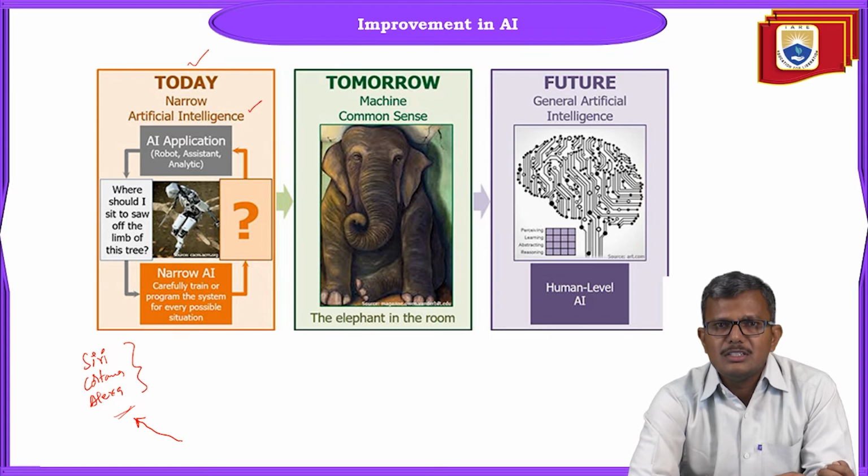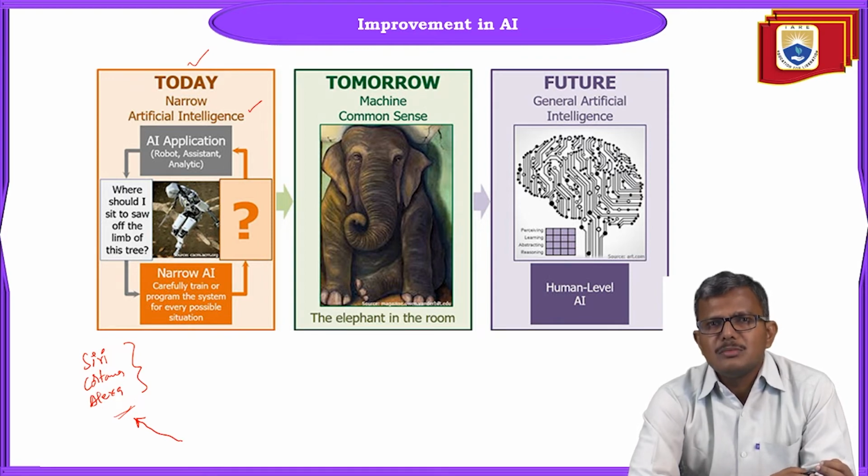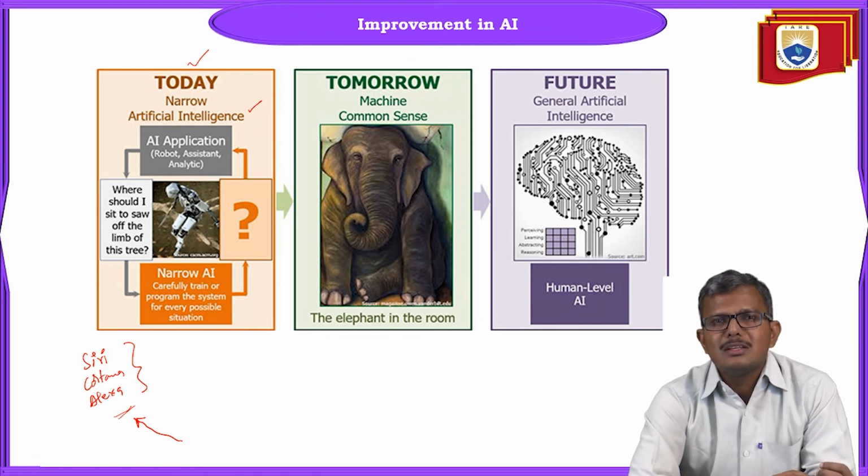They are narrow intelligence because they exhibit their behavior as they have been programmed. Whatever programs are fed into that application, they work just like that. For example, if you ask Cortana or Alexa who your father is, it can give the answer naming the person who really developed them. But if I change the question and ask who my father is, it is not going to give the answer.